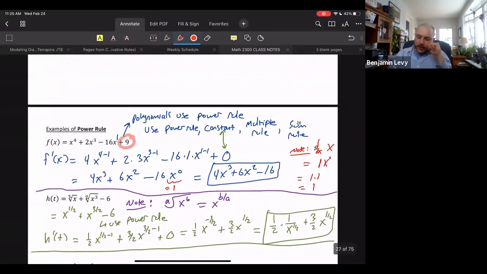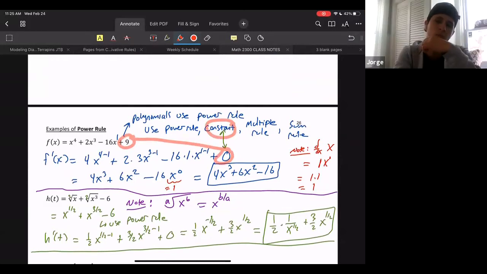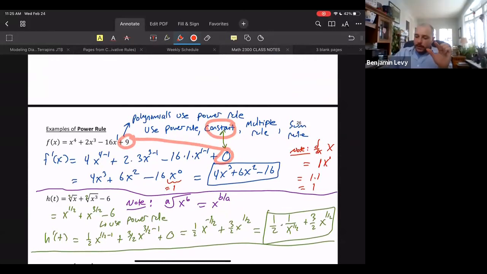This 9 became a 0 from the constant rule. Okay, thank you. Right, so anytime you have something without a variable and you take the derivative, it just goes away, it becomes 0. Because the rate of change of a constant is 0, right? It doesn't change, it's constant by definition. Literally the word constant means it doesn't change, right? And if we're looking at the rate of change, there is none there. That's one way to think about it.